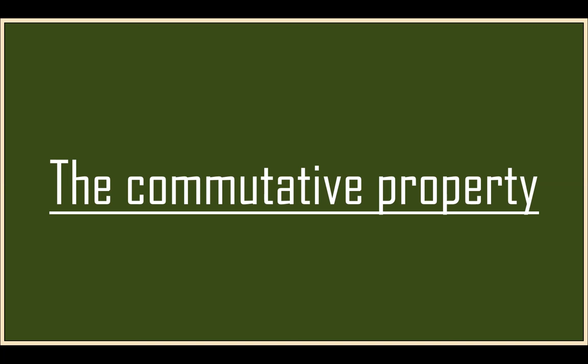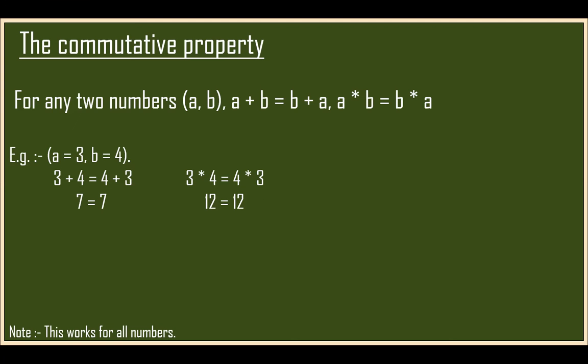Now let us look at the commutative property. What does it say? For any two numbers A and B, A plus B equals B plus A, and A times B equals B times A. Let us take an example: A equals 3 and B equals 4.